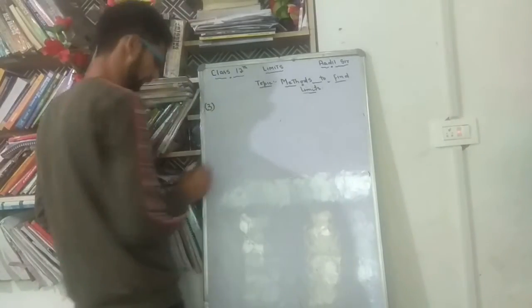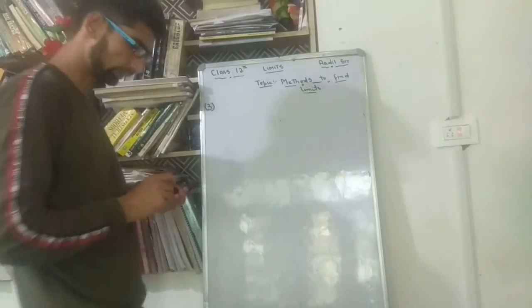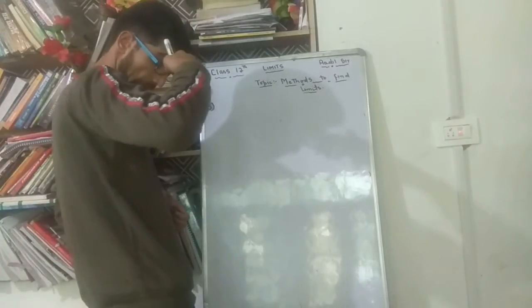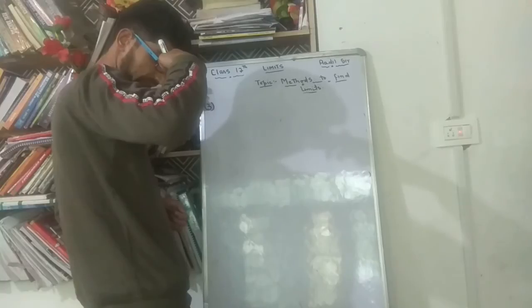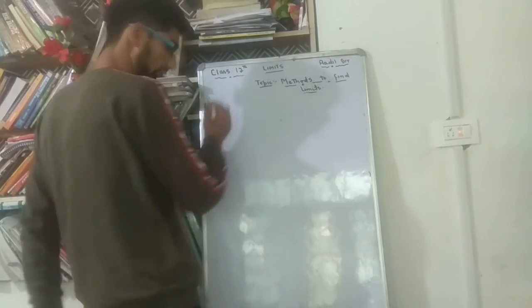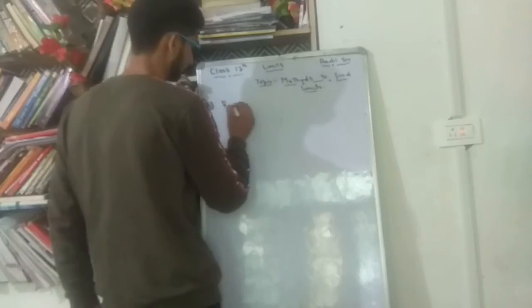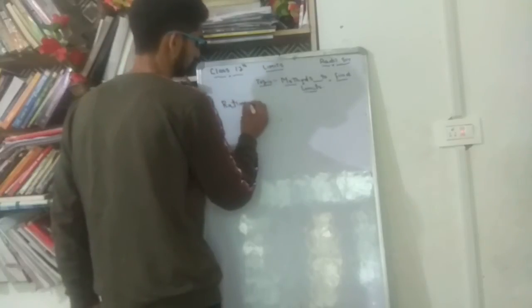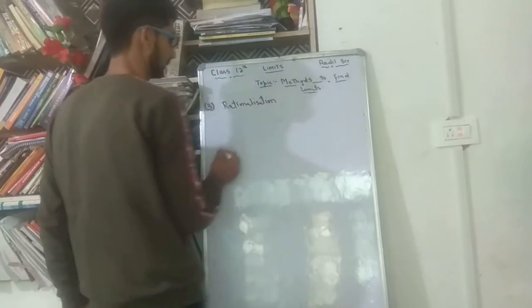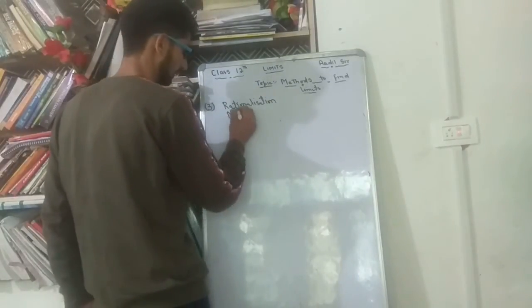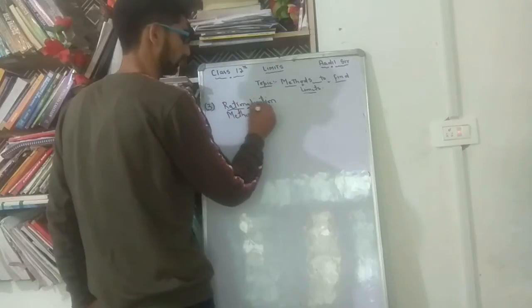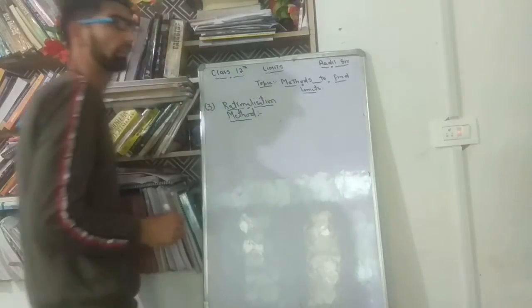The third method, beta, is the rationalization method. What happens in the rationalization method?